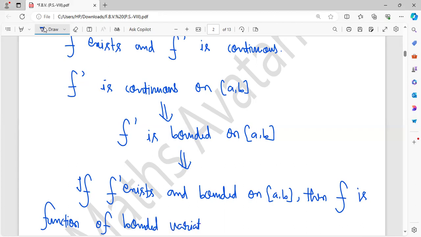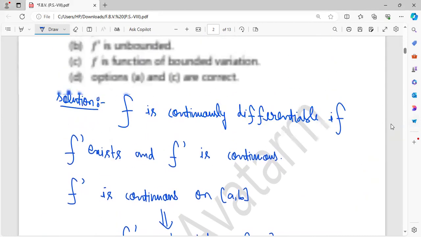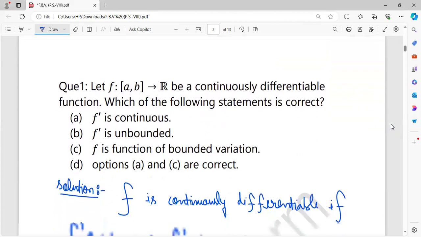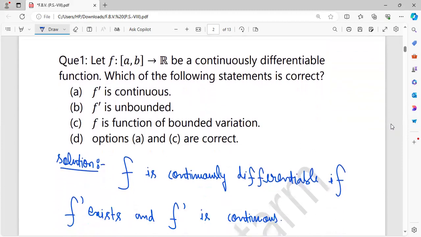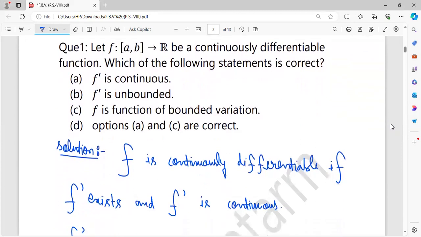This derivation I have done already. Such a function turns out to be a Lipschitz function, and Lipschitz functions are functions of bounded variation. So option C is also correct. So options A and C are correct, and option D is correct.